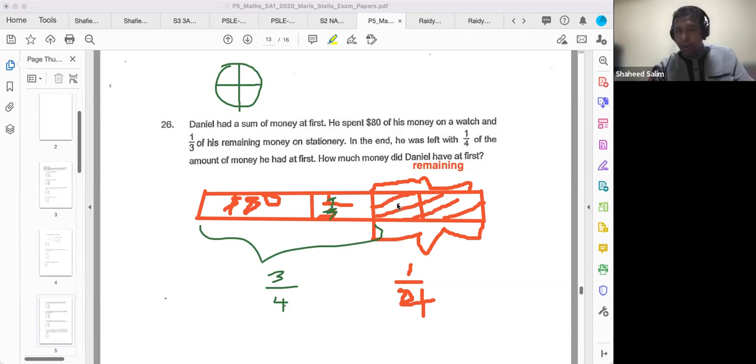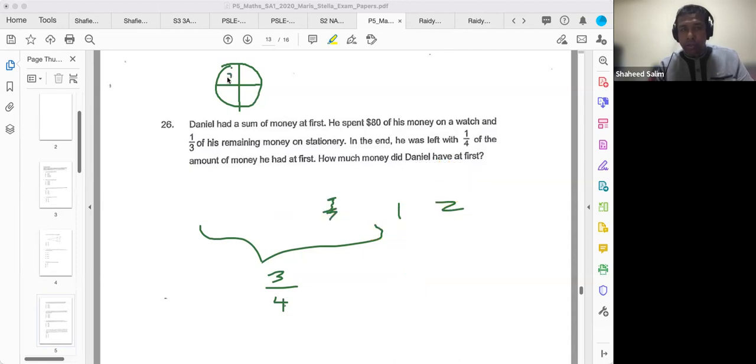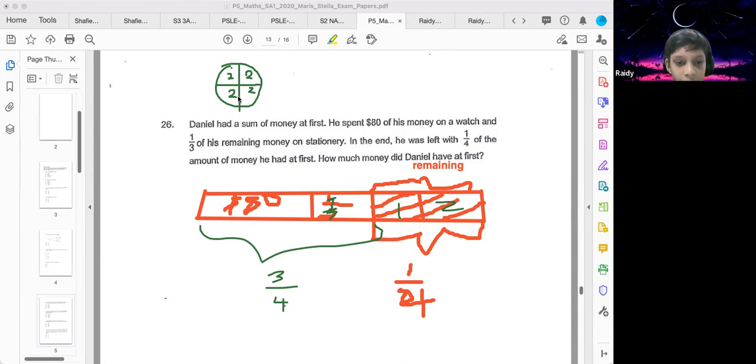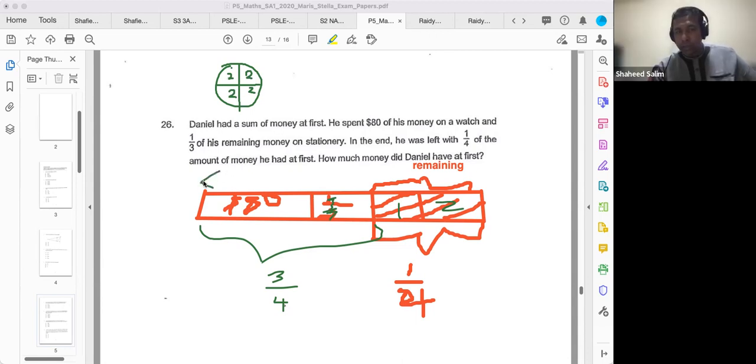Can you see? So 1/4, there's 2 units here. So altogether, how many units? Altogether has 8. So the whole thing is 8.